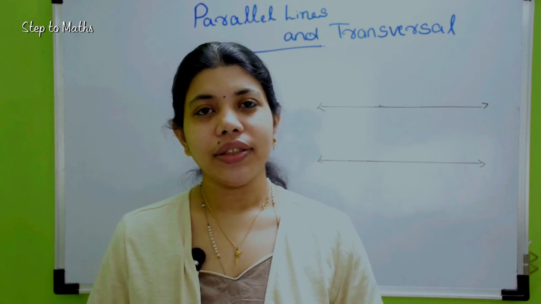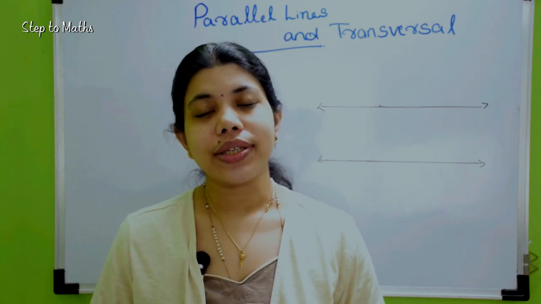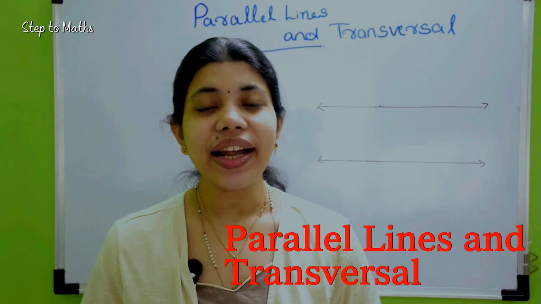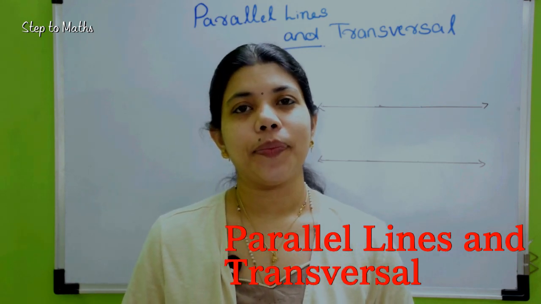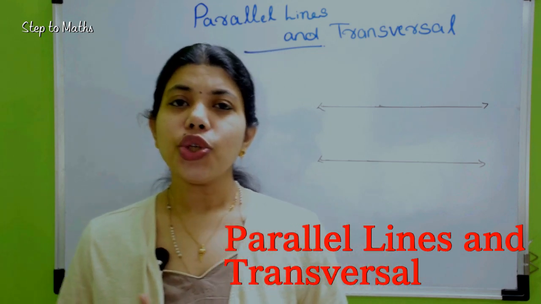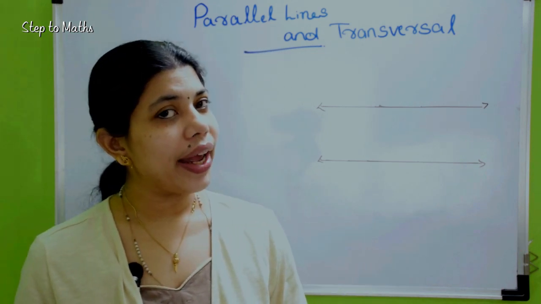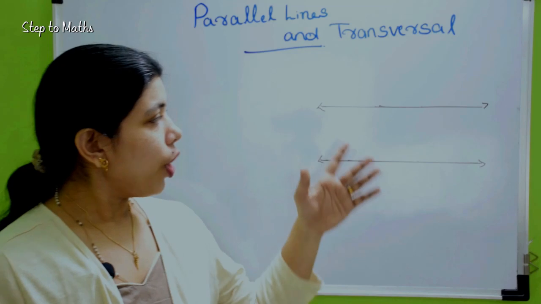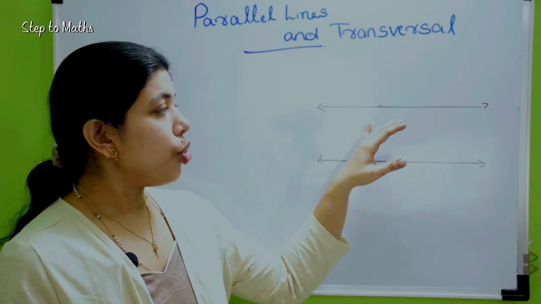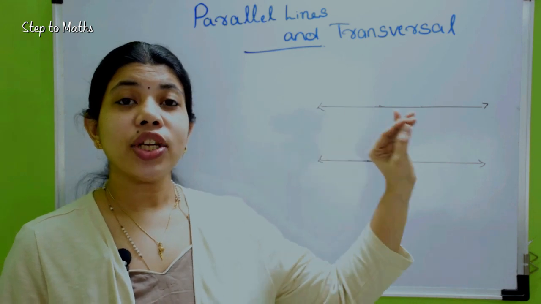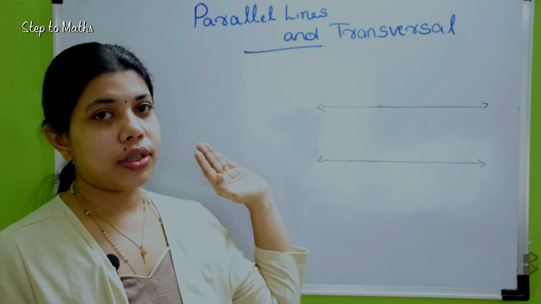In this section, we are going to discuss parallel lines and the transversal. In geometry, what is a parallel line? Two lines in a plane which do not intersect at any point.